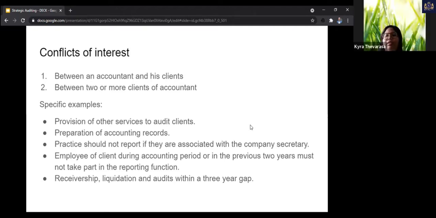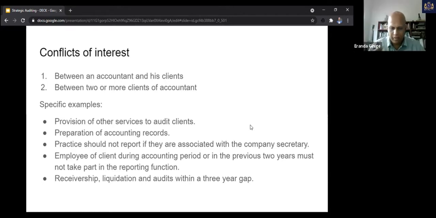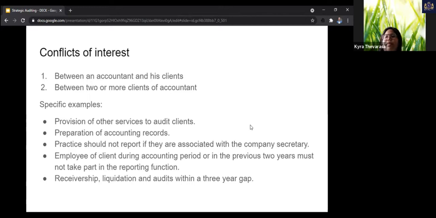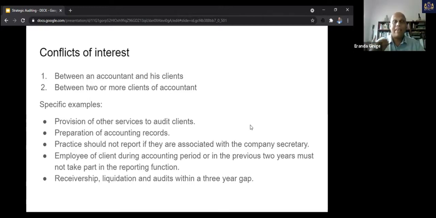One argument could be that if you give advice to one of the clients, are you then ethically bound to give the same advice to the other client, although that advice did not come from the audit of that client?